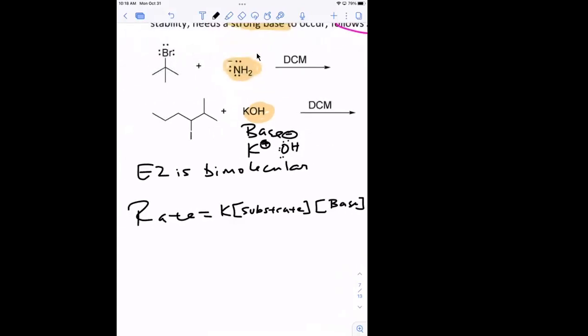So where's my leaving group? How do I tell a leaving group? It's always the most electronegative atom or functional group. So this is the leaving group.